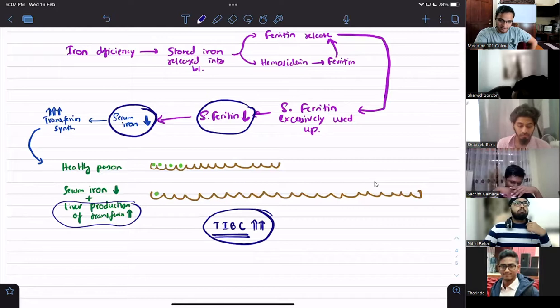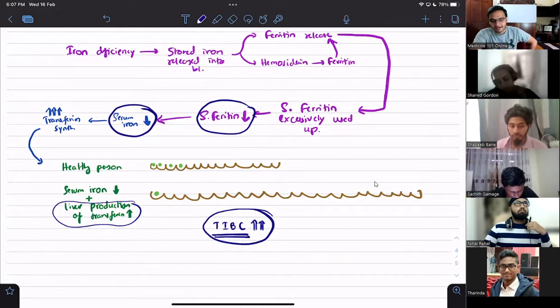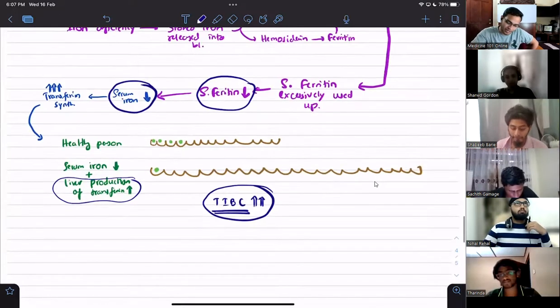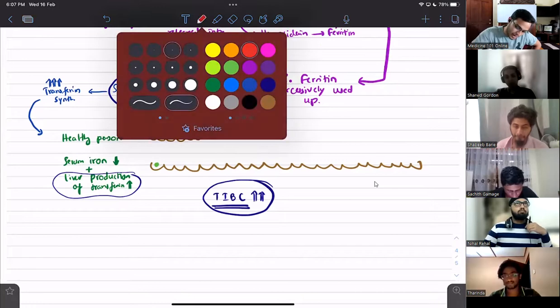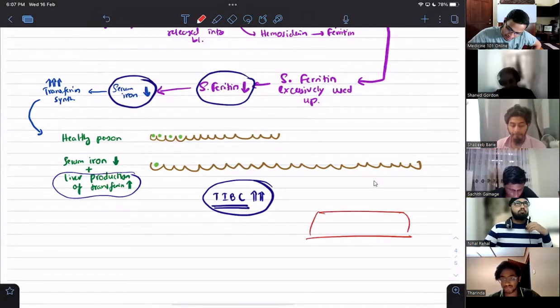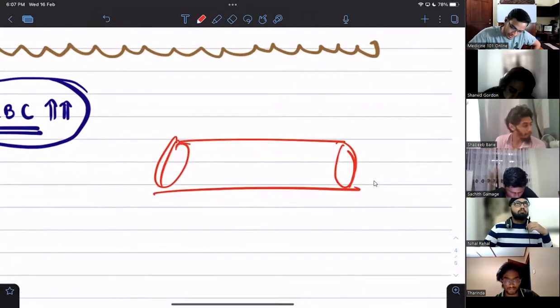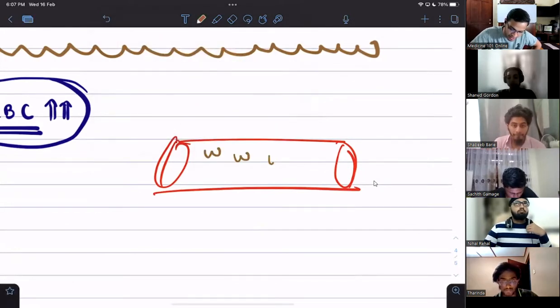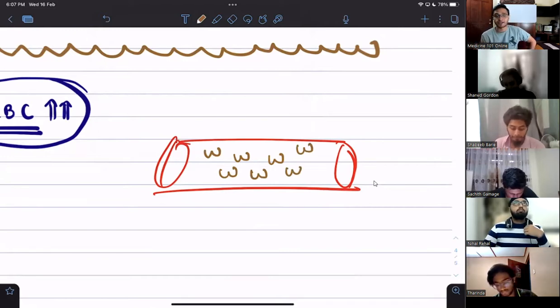Okay. Now, look at this, guys. All of these things, where do they eventually come and affect? If you look at the blood sample, I'm just drawing a picture. Will you have more transferrins which are bound with iron, or more transferrins which are free now?